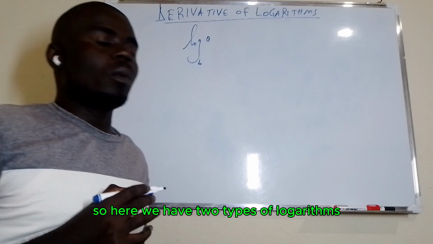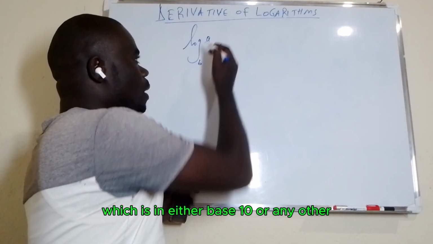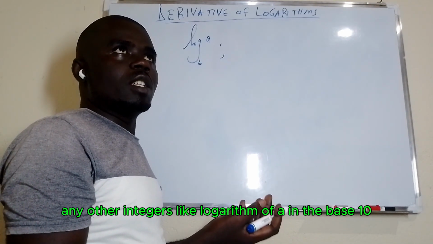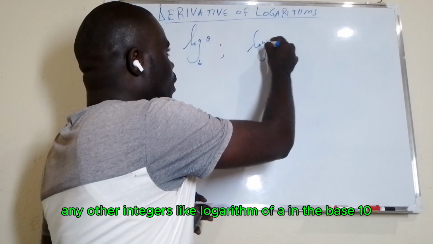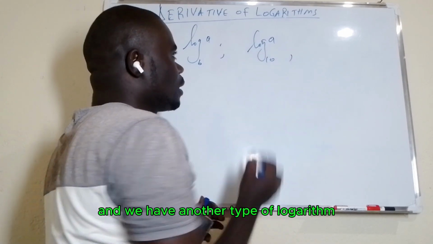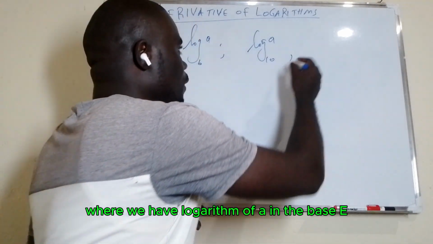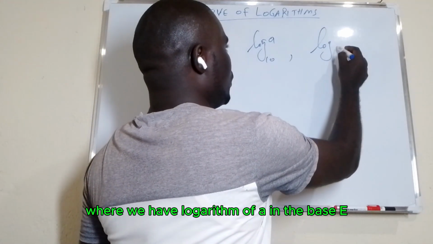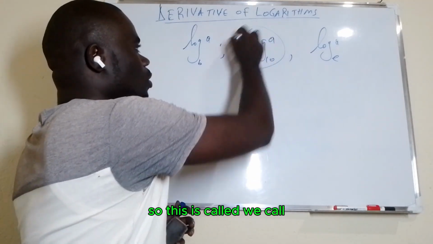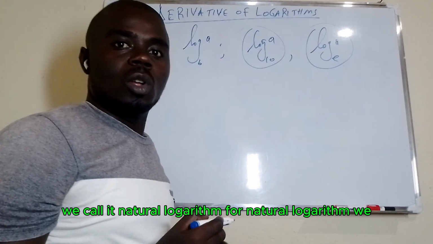So here we have two types of logarithms: one which is in base 10 or any other integer, like the logarithm of a in base 10, and another type which is the logarithm in base e, where we have the logarithm of a in base e. Normally we call this one the common logarithm, while this one we call the natural logarithm.